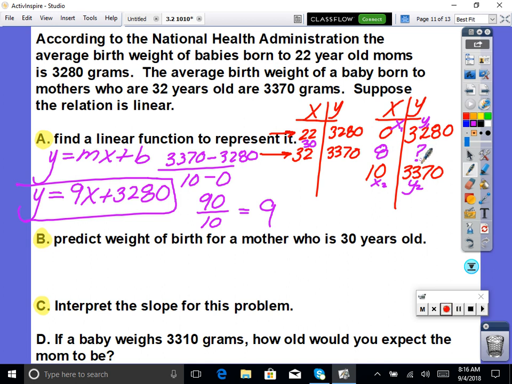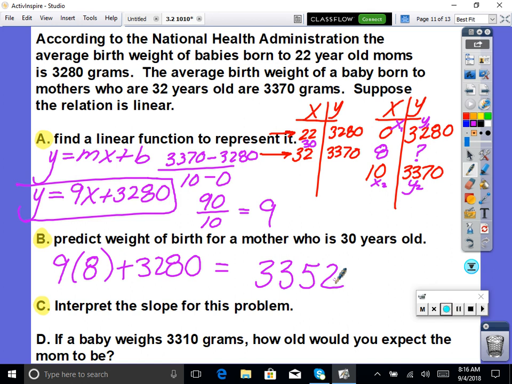So where do you go? 9 times 8 plus 3,280. What'd you get? Okay, that's how many grams we can expect.